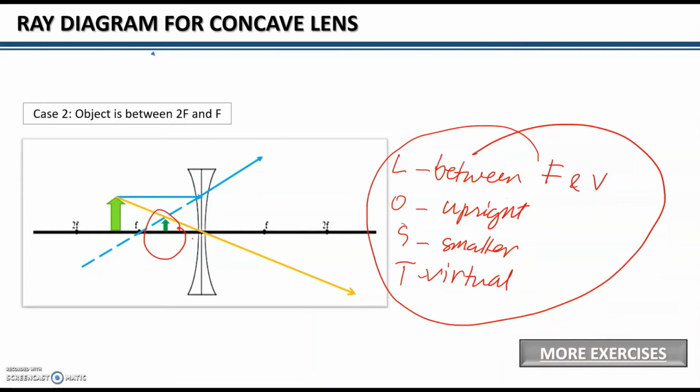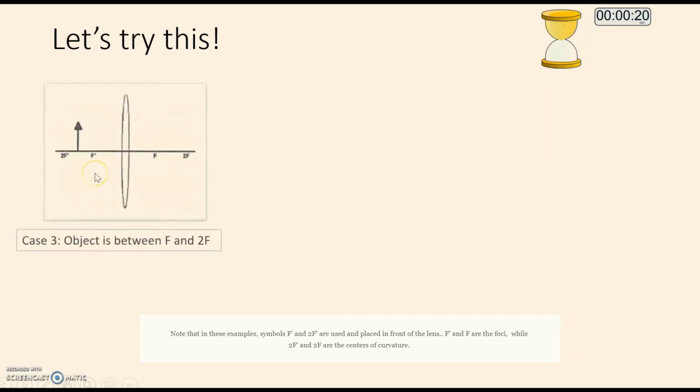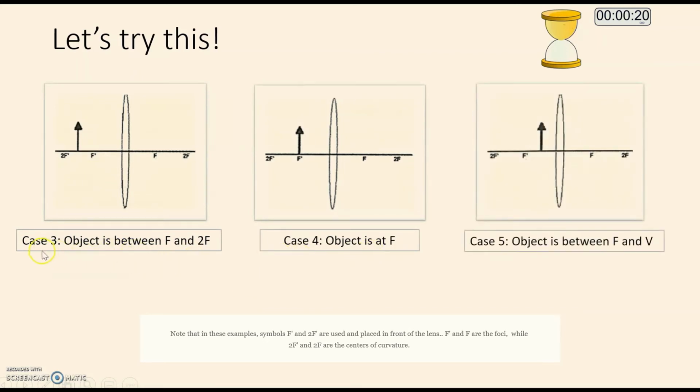So have you noticed something? Now let's try more exercises. This time you prepare your pen, your paper, and your ruler. So I'll show you these convex lenses where the object is placed at different positions. So you have here case 3, object is between F and 2F.